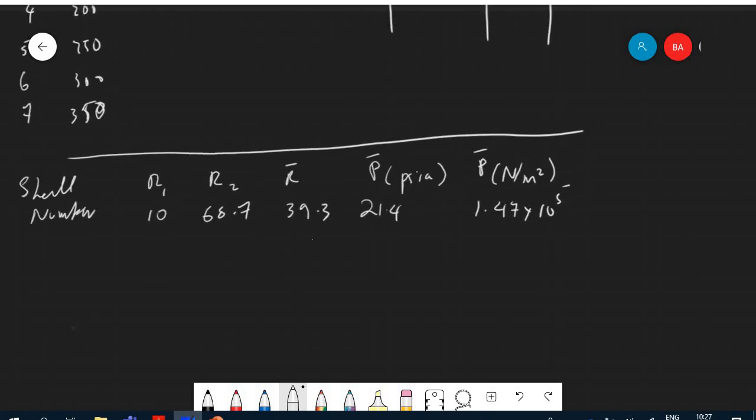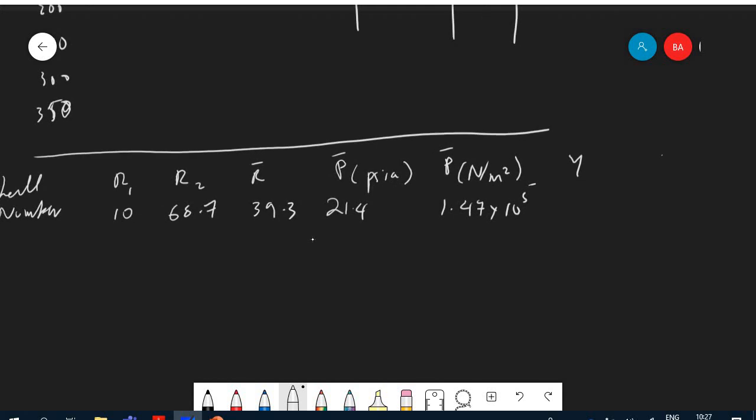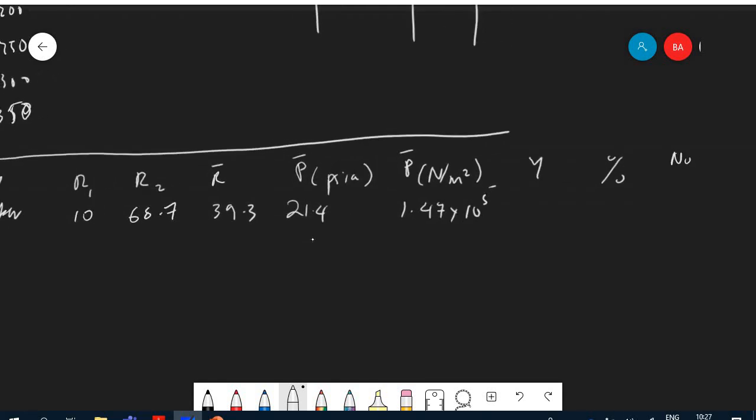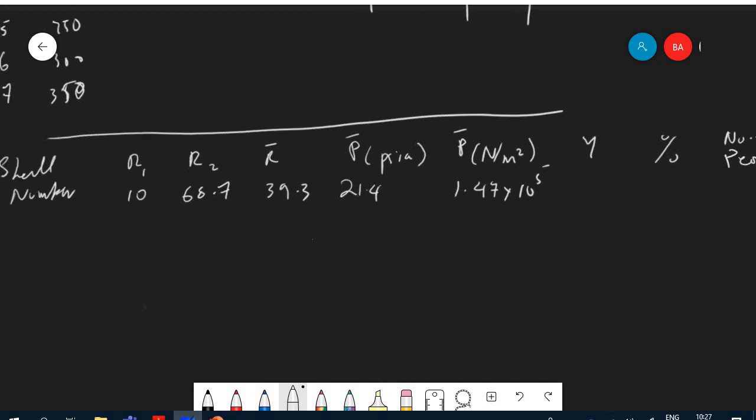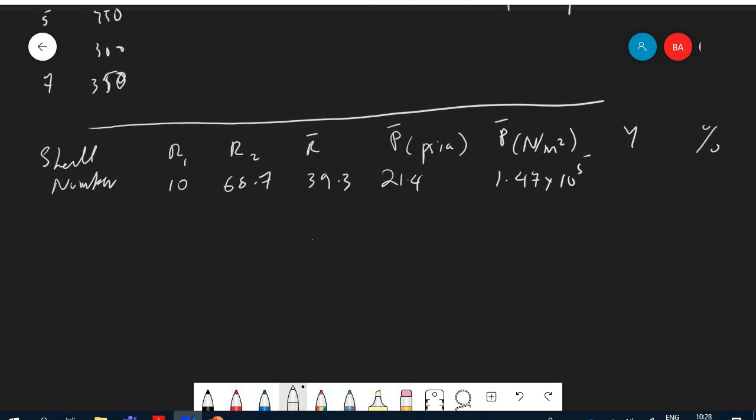Then from the probit we can know the percentage, and knowing the percentage we can calculate the number of people. We already have the population density, so we can calculate from 10 to 68.7 how many people are going to be affected, basing our calculation on 39.3, which is the average.